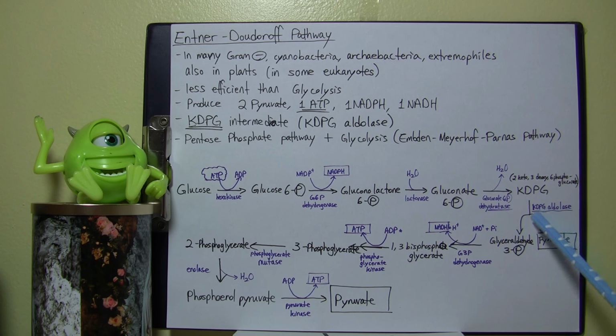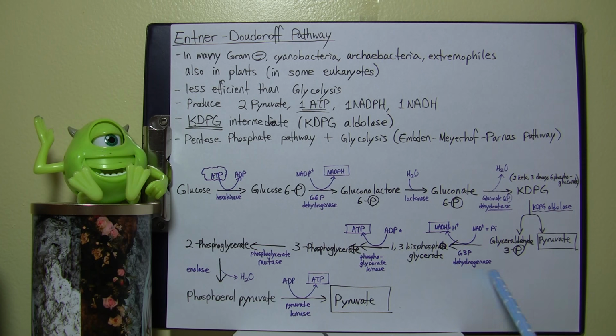And here, with KDPG aldolase, we're converting KDPG into pyruvate, one of our products, but there is another part left over, glyceraldehyde 3-phosphate, that's produced. Then this enters into the glycolysis pathway, sort of at the midpoint.